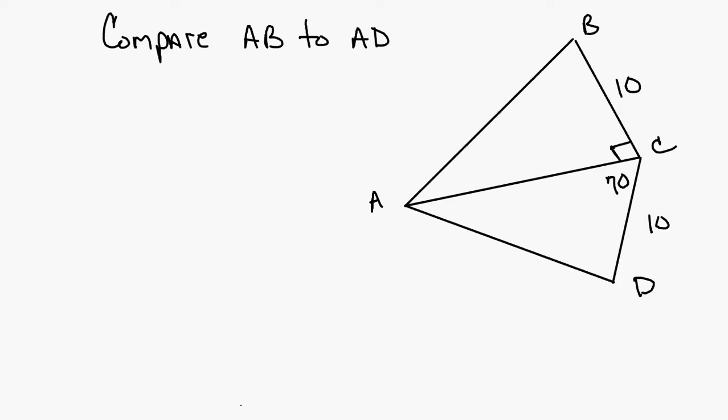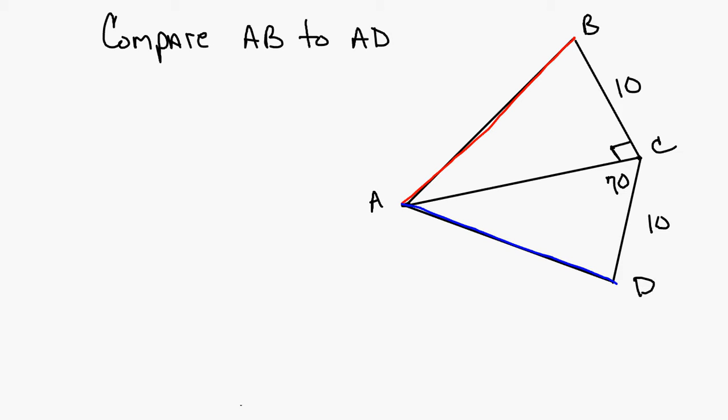So what you've got is two triangles with two congruent sides, because both triangles share this side AC. They're asking you to compare AB, which is this red side, to AD, which is the blue side.